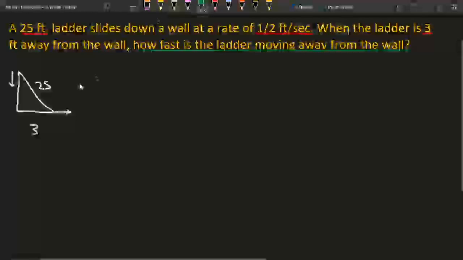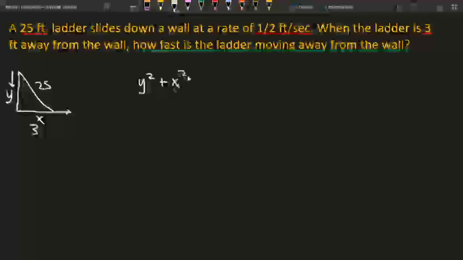So basically, any ladder problem is going to be the Pythagorean theorem, because we can label this y, y squared plus x squared is always going to equal the hypotenuse, essentially. So let's write that in. y squared plus x squared is going to equal the hypotenuse, and in this case the hypotenuse is 25 squared. And now we have to differentiate with respect to time.